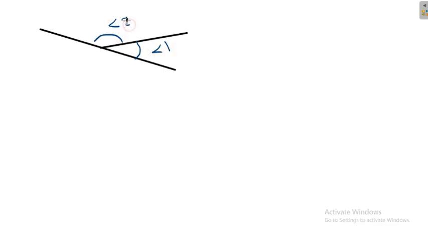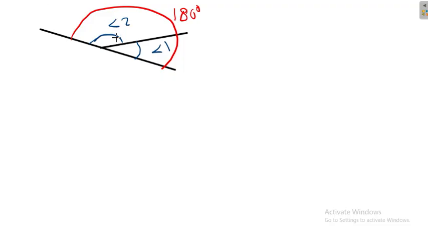First, angles relations of the straight line. What is the straight line? A straight line is like a line you draw with your ruler. And the theory says that if we have angle 1 and angle 2, the summation of the angles of the straight line on one side, like this side, the summation of these two angles equals 180.